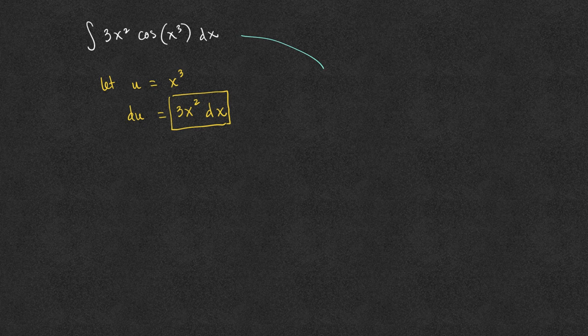With this, we rewrite this integral. The integral of the 3x squared dx part is now du. And we always write d of the variable at the end of the integral sign. We're left with cosine of x cubed, but x cubed is u. So this is simply the integral of cosine of u.